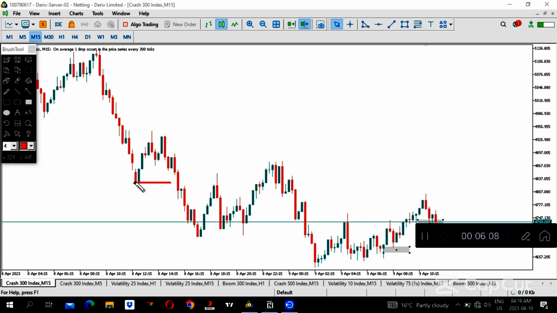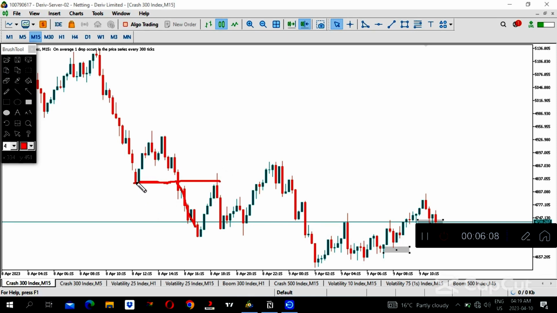So here, when the market changes to the upside, this is the support level. And when the support level gets broken down, it now becomes your resistance zone. So if you combine this with your candlestick patterns, you have stronger chart patterns.